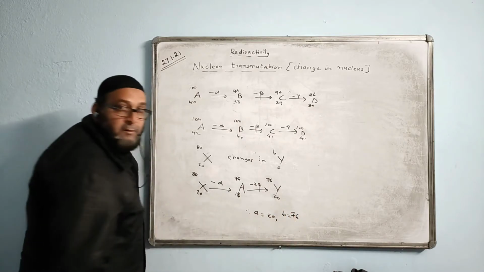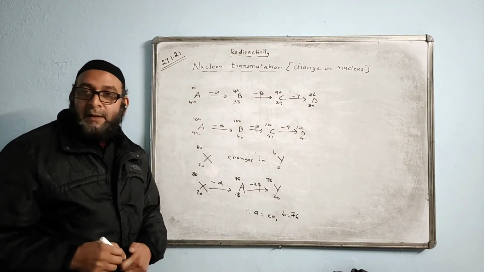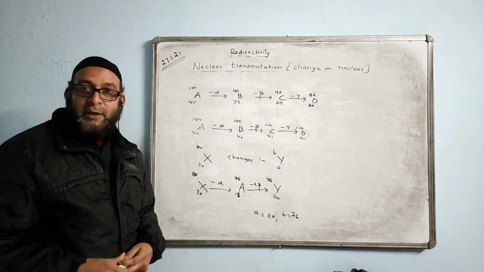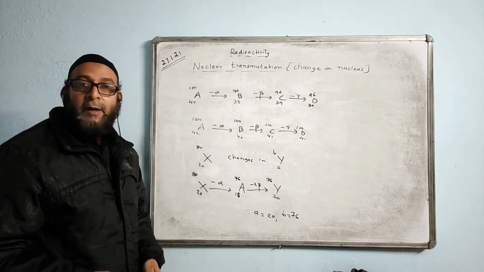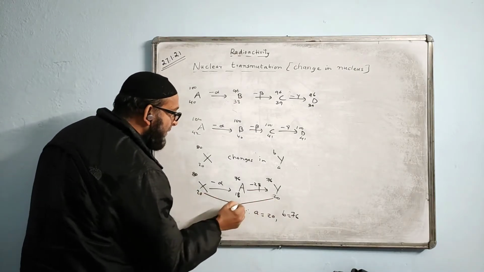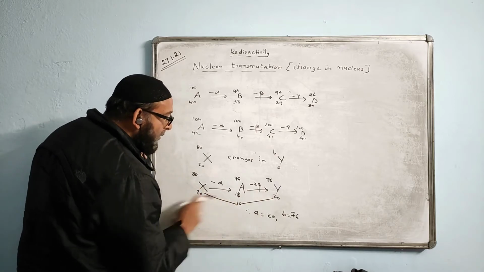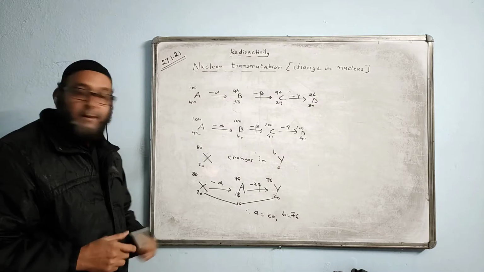This is the answer. If they ask you to assign a special name to the nucleus X and Y, look at nucleus X and nucleus Y. What name would you give to these two nuclei? Let's see, they have the same atomic number but different mass numbers. The nuclei having the same atomic number but different mass numbers are called isotopes. Isotopes are atoms of the same element having the same atomic number but different mass number.